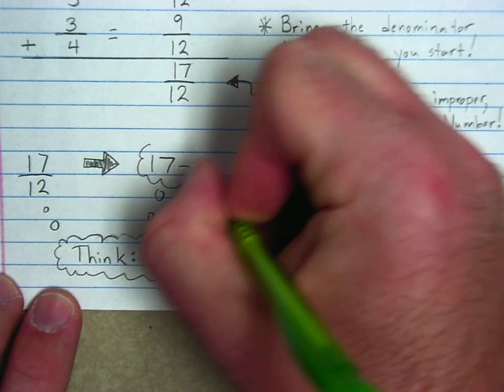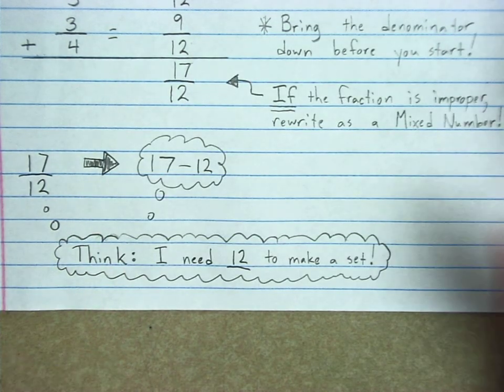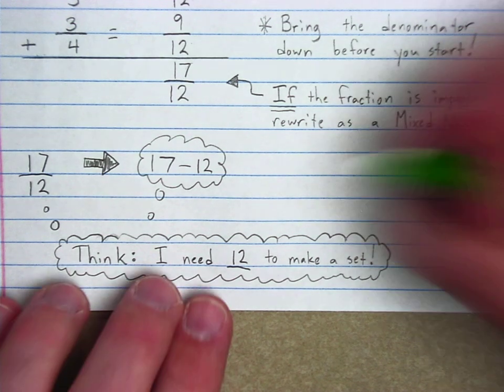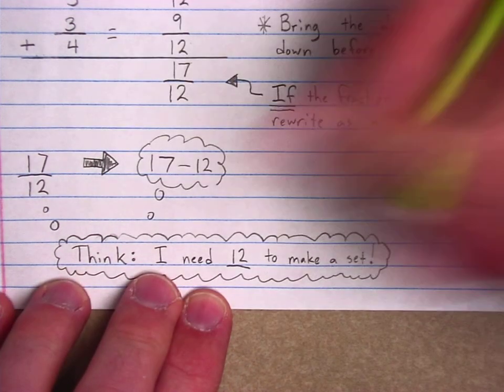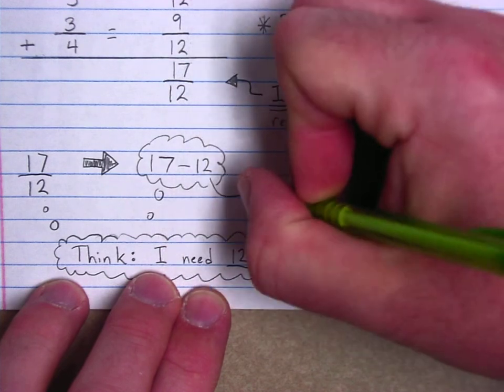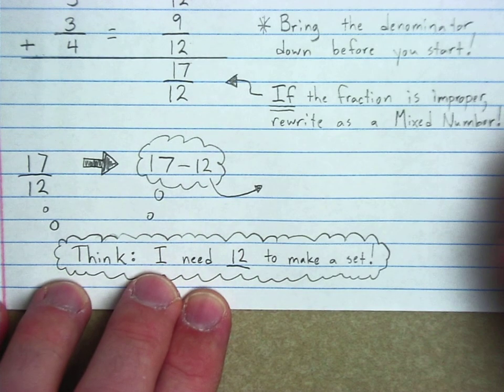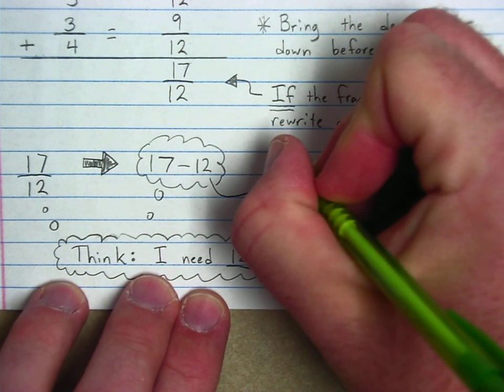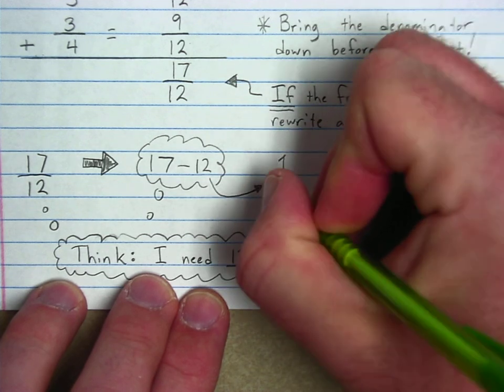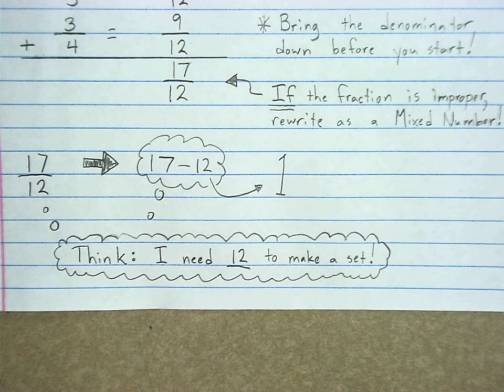Still just kind of mentally thinking here. When I take that 12 out, there we go. Love my arrows. That 12 is going to be one whole. I made one complete set.